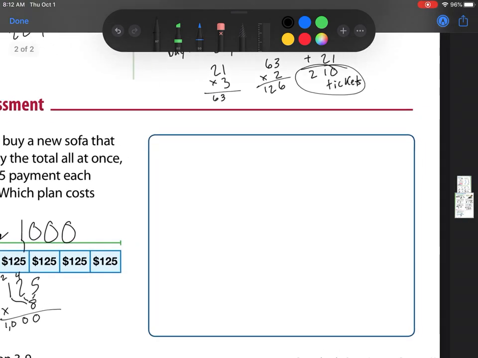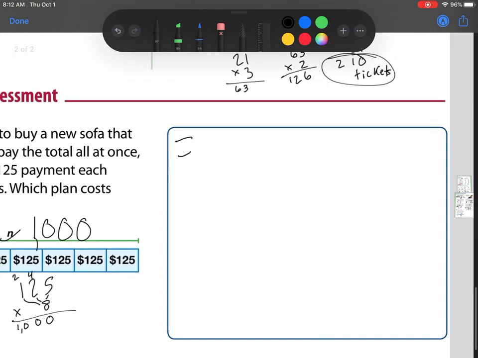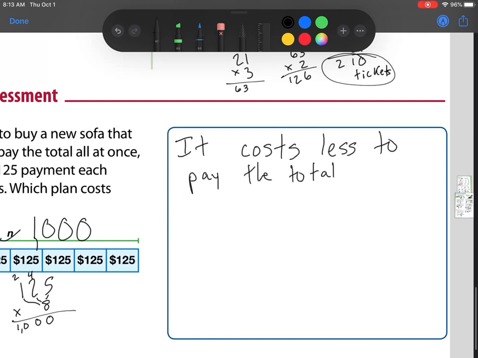But we have to do this explanation. So let's explain it now. It costs less to pay the total all at once.